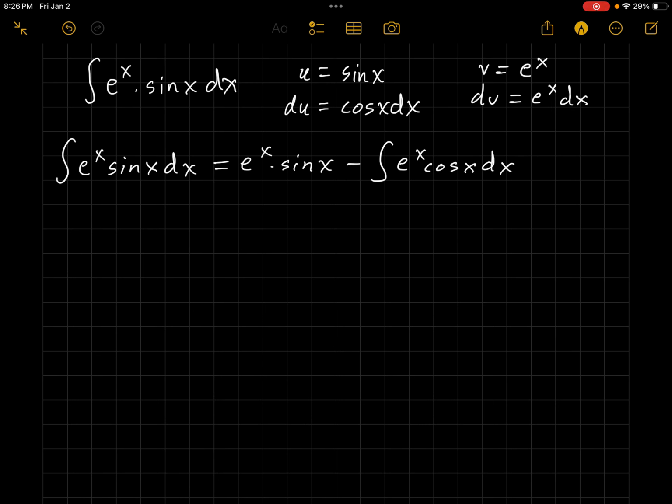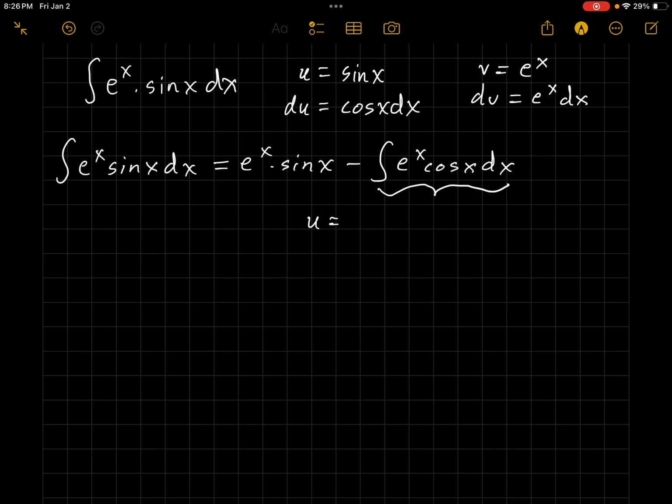And then we need to do this again. So we have to do another iteration. I'm going to use u and dv again because too many letters gets confusing. I just know it's a new u and a new dv, but based on this back integral.